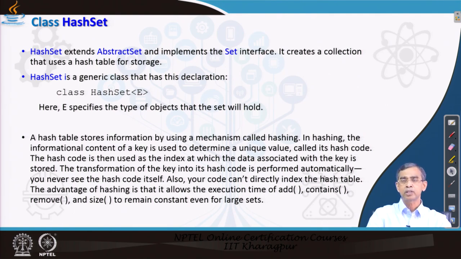Now, how is it possible? That concept is hash. Hash basically creates one hash code for every element. A hash code is something by which a particular element can be probed in a collection, whether it is present there or not. So, whenever you want to search for an element, you just create its hash code, then look up the table of all the hash values, and you can check whether the element is present there and where it is present. So, this is the concept.